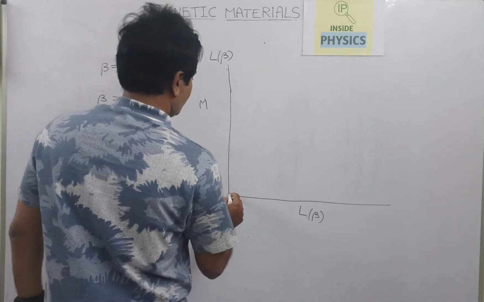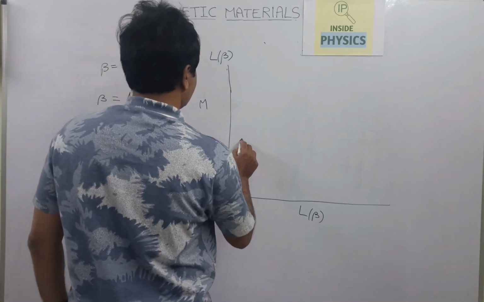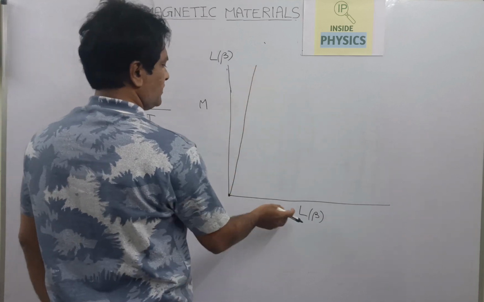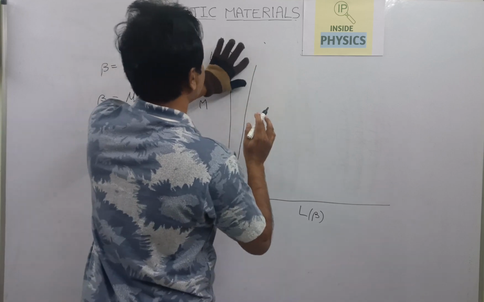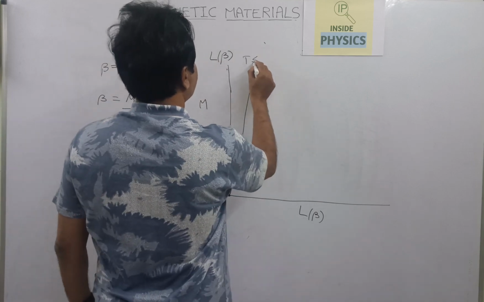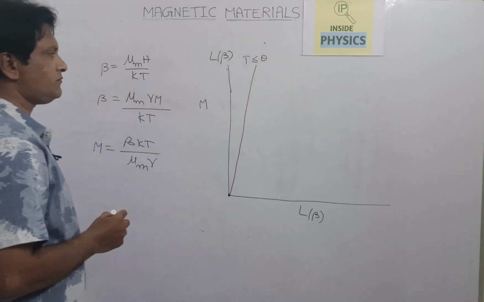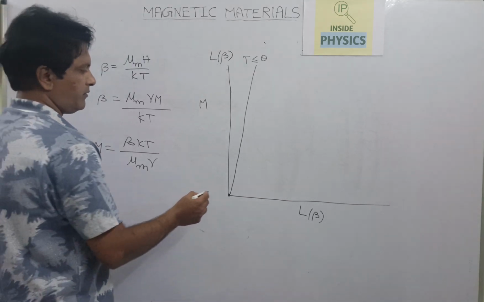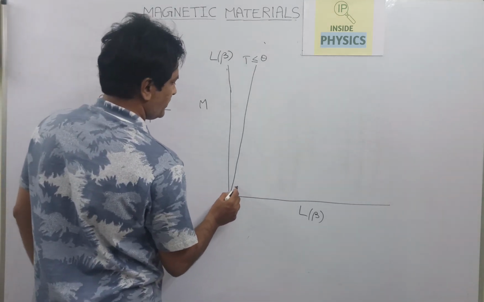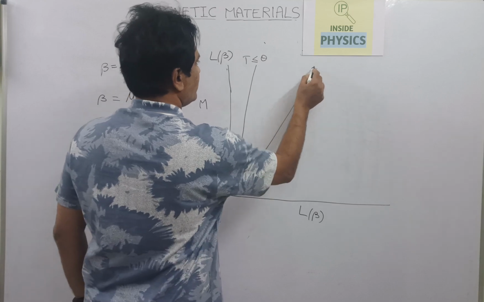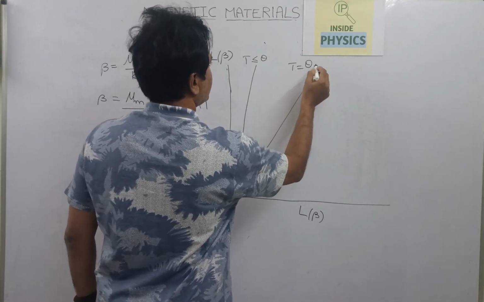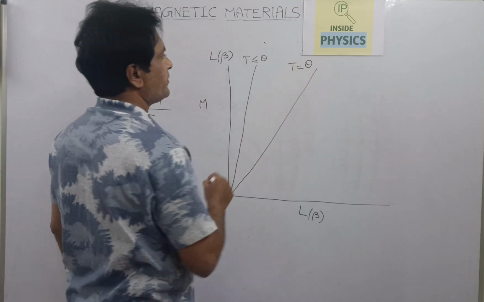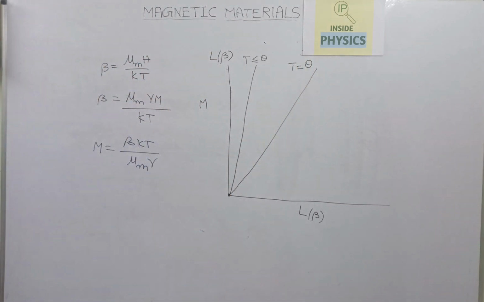Here the magnetization increases sharply with the Langevin function when T is less than theta, and it comes slowly to a lesser value when T is equal to theta, which is called the Curie temperature.